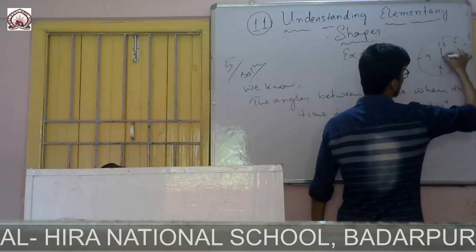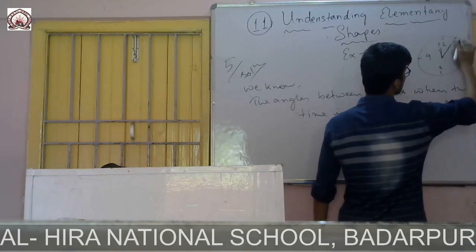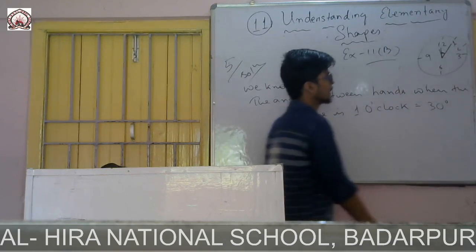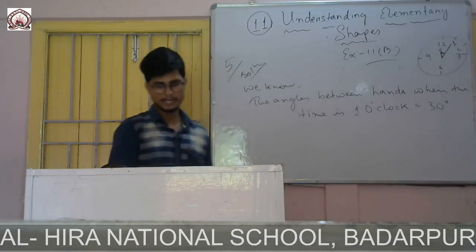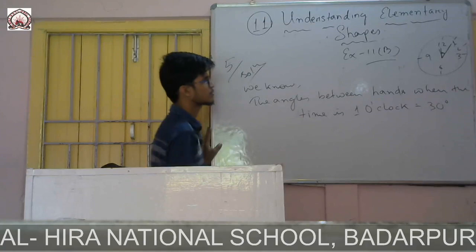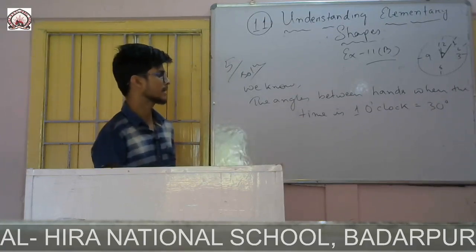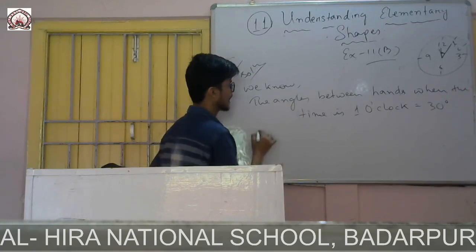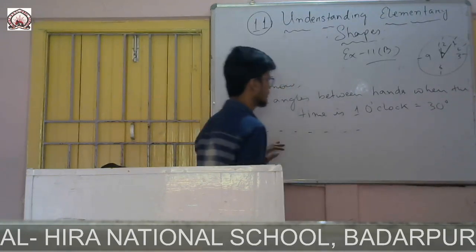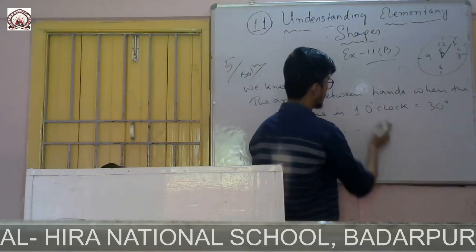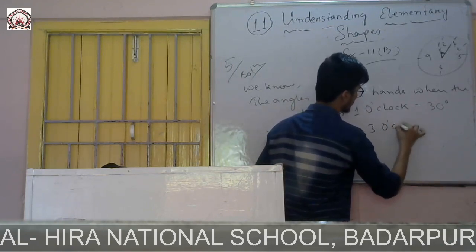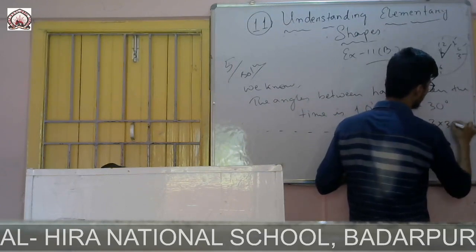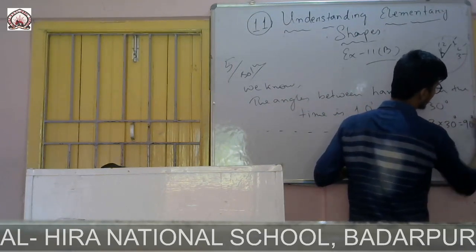So if it is 1 o'clock, the angle will be 30 degrees. So we will use this one. Just below this, you write 3 o'clock. First of all you are finding for 3 o'clock, it will be 3 into 30 degrees, which equals 90 degrees.